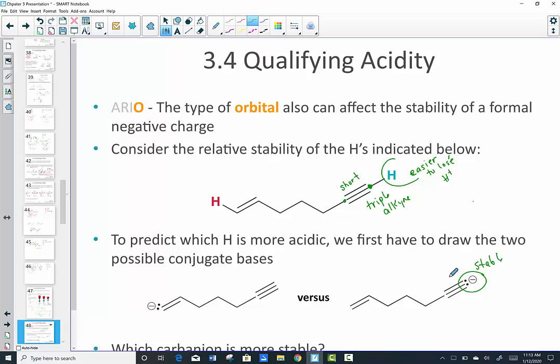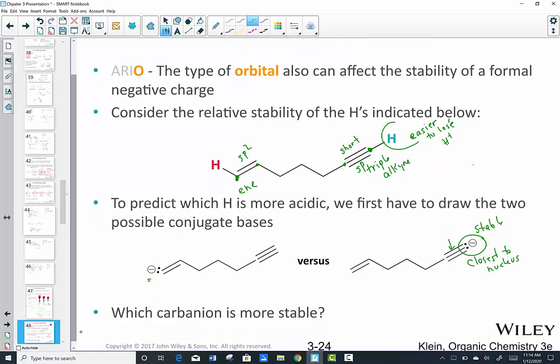That means these electrons are a little further out from the nucleus and a little less stabilized than if it had electron-rich triple bonds. So the blue hydrogen is more acidic than the red hydrogen. The same is true if you consider sp hybridization as well. The most acidic comes from the triple bond, the next from a double bond, and the least acidic from a single bond.